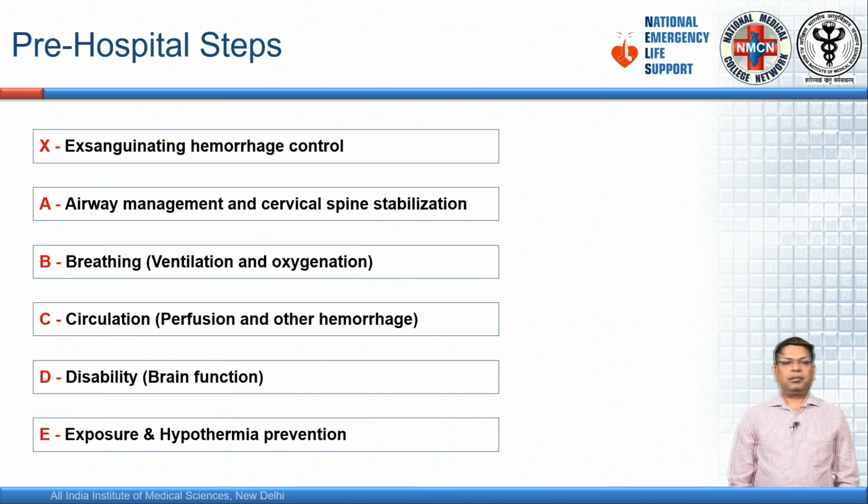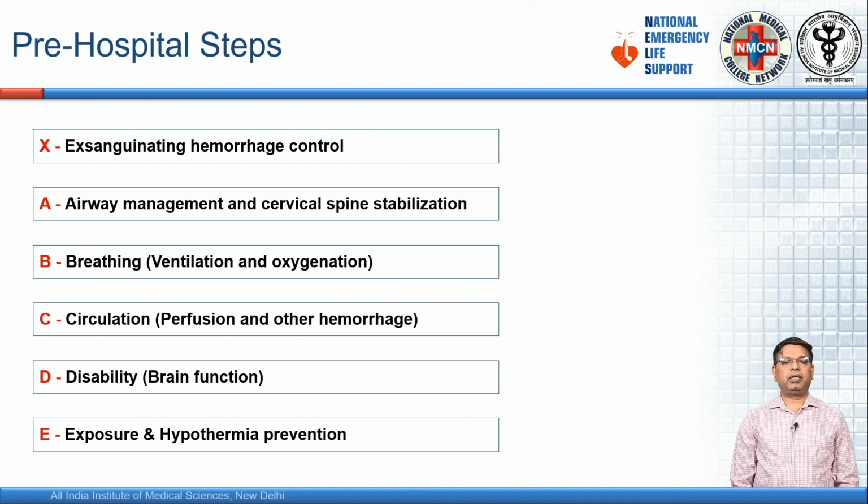So these are the XABCD: exsanguinating hemorrhage control, then airway management, and at the same time, while you are managing the airway in a trauma victim, you should take care of cervical spine stabilization. B is for breathing, that means ventilation and oxygenation need to be assessed and maintained. Circulation: you assess the circulation, look for hemorrhage, maintain perfusion and control the hemorrhage.